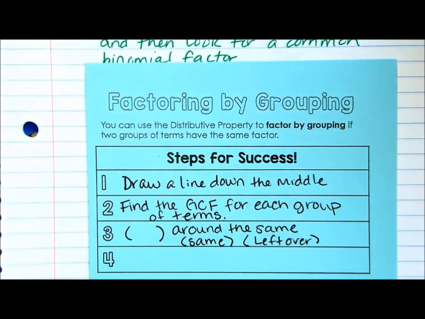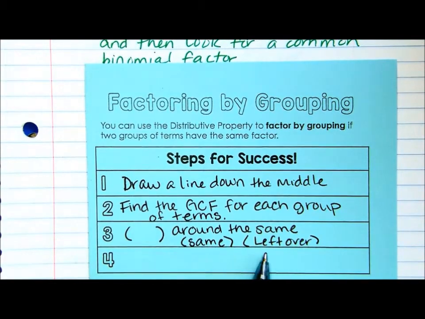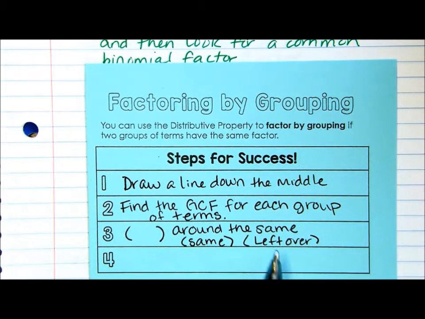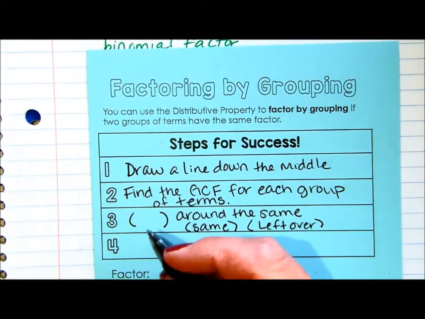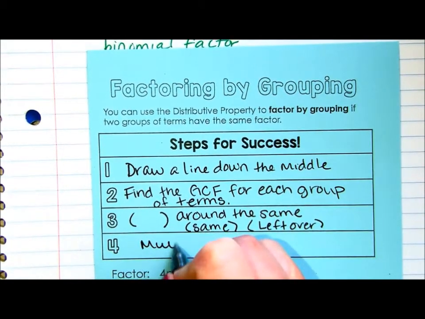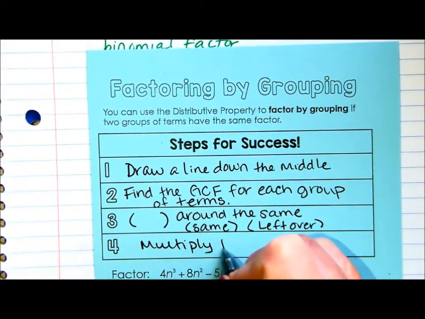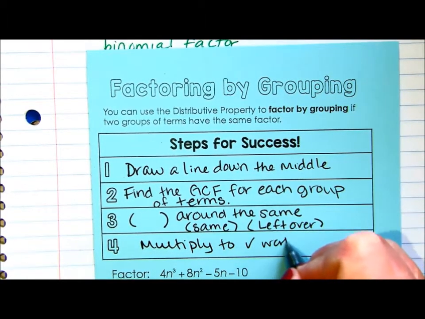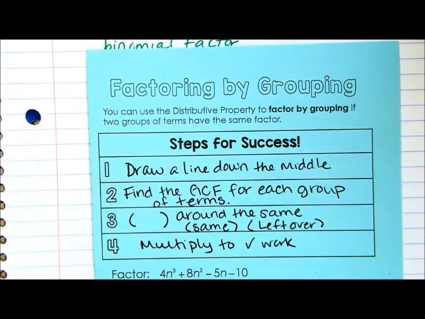So, you'll have 2 groupings of parentheses in your final answer. One will have the same terms, the other will be our leftover terms. And then lastly, we're going to multiply to check our work. Okay, so multiply to check work.